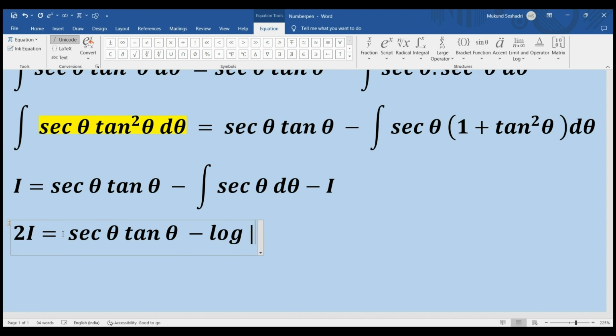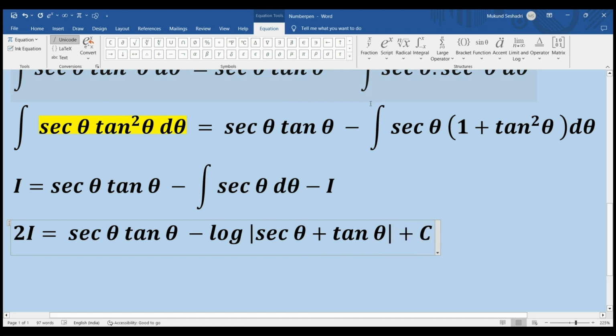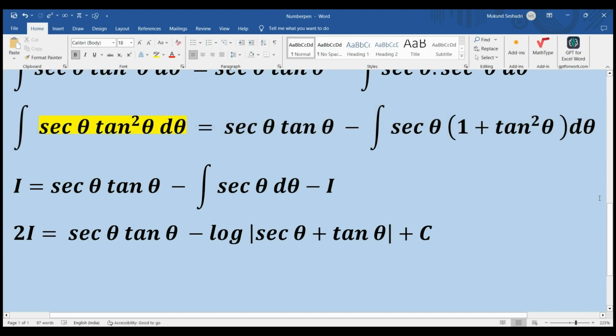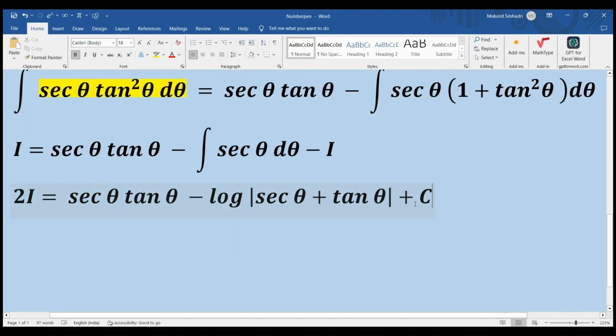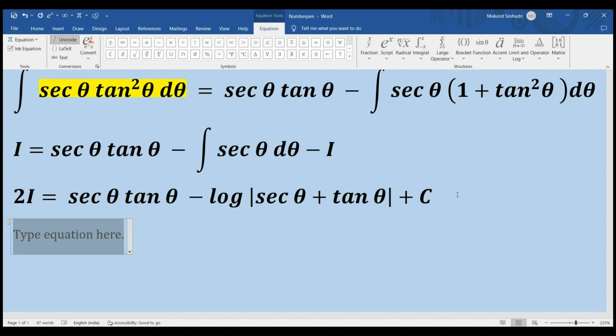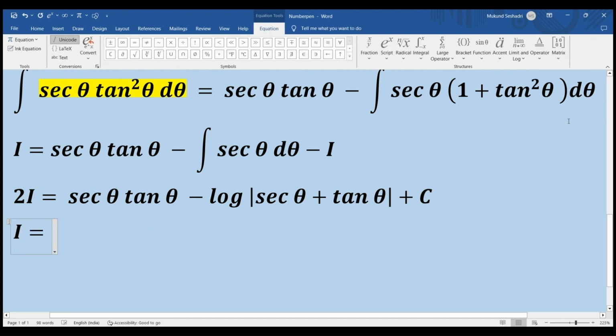I'm sure by this time you are quite familiar with this, and I want you to remember this by heart: log of secant theta plus tan theta, and then I have my constant plus c. So now I have an expression for 2I. I need my I from this. It's not too difficult. What is my I? It's 1 by 2 times the expression we have.